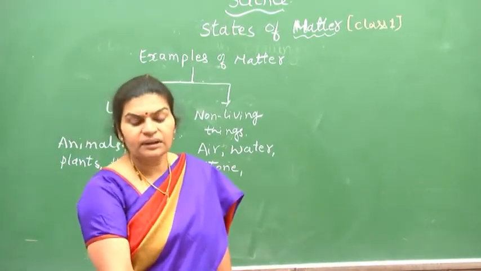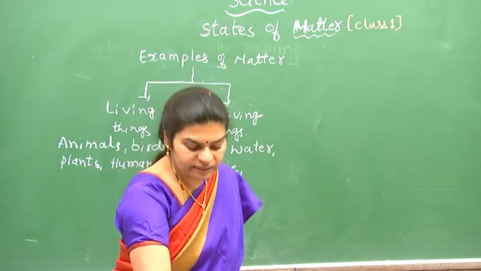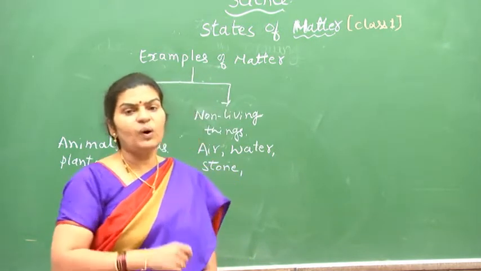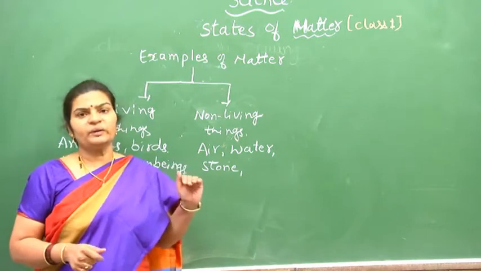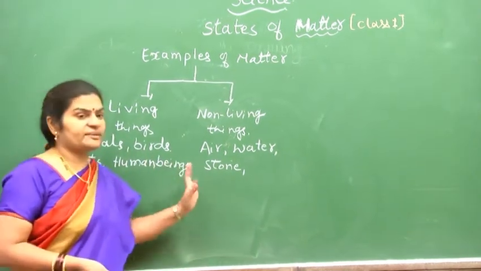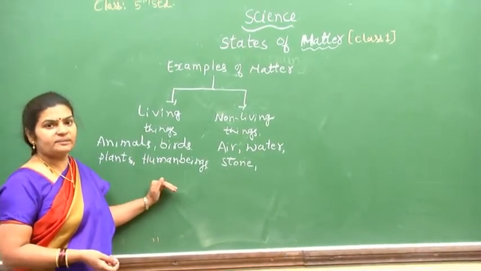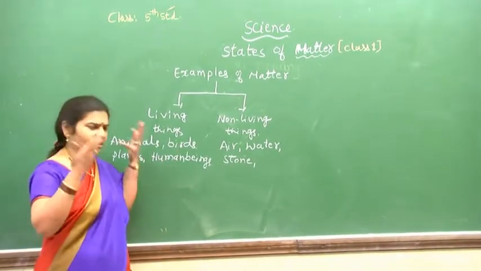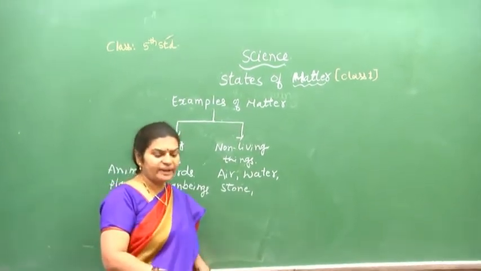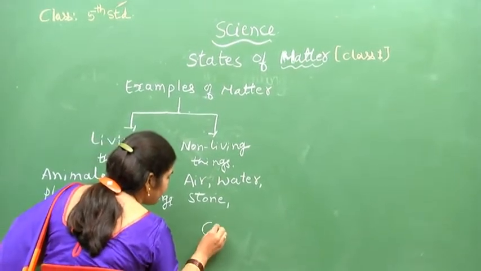The table, and here the stick, pen, scale. If you go on listing, we will get so many non-living objects. But when we consider all these things, what do we say? They are all matter.